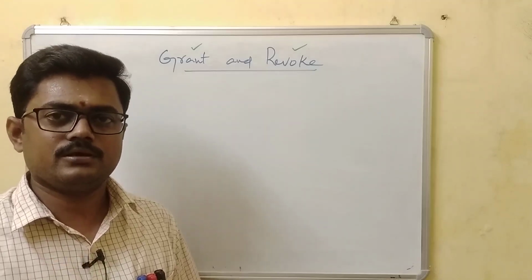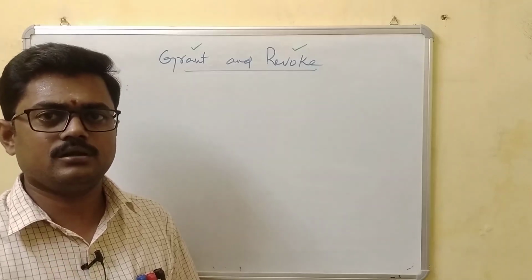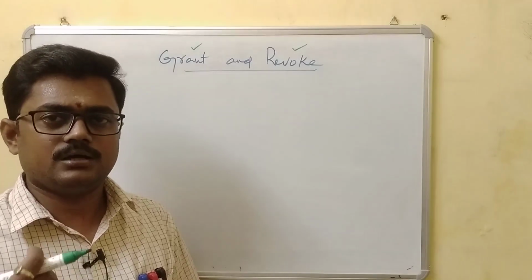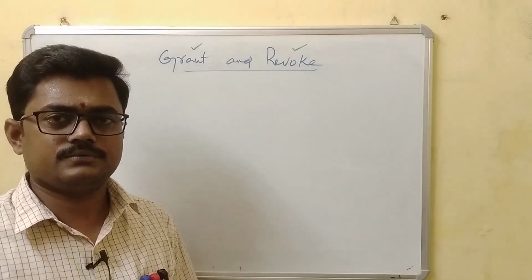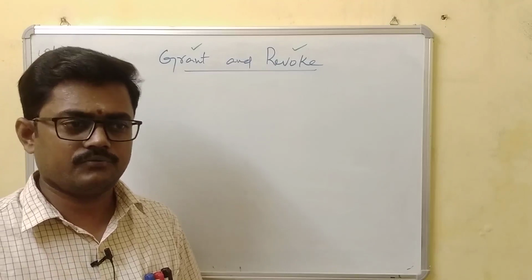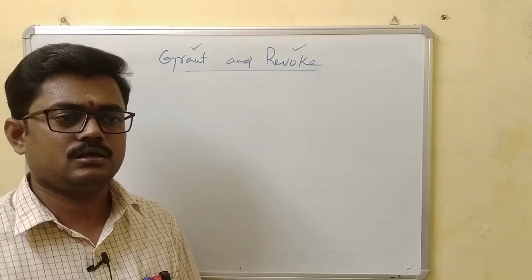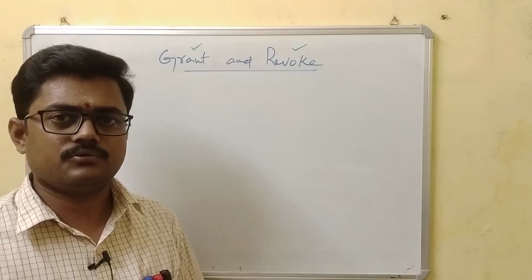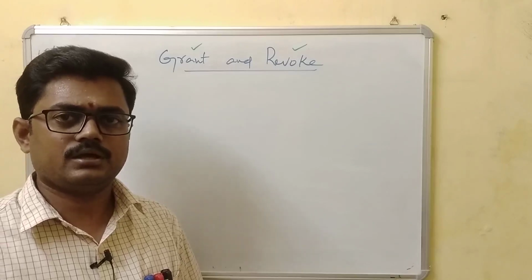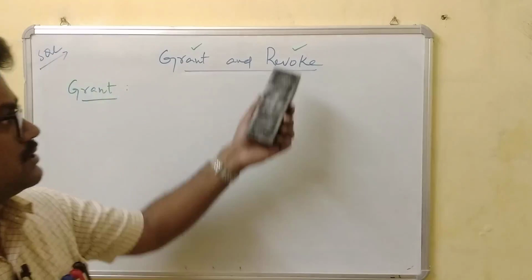If you want to perform any operation on the specified table, the administrator, the owner of the database, gives the permission to the role or the user, and once we have done that work on the table, we can get back the data, so that is called revoke.